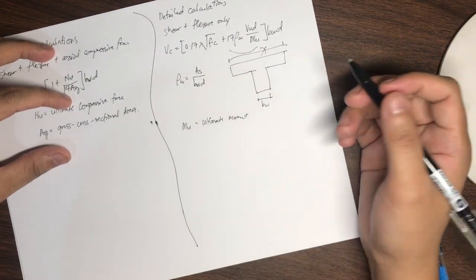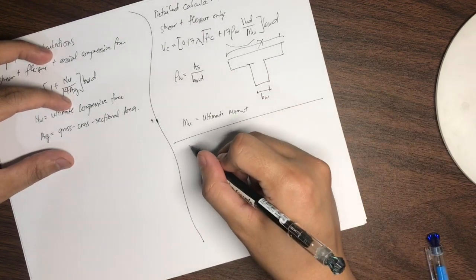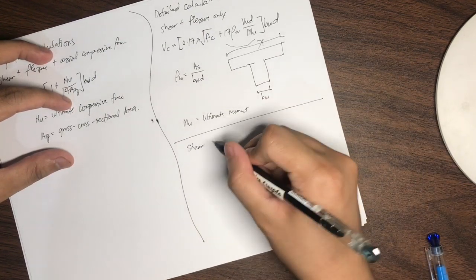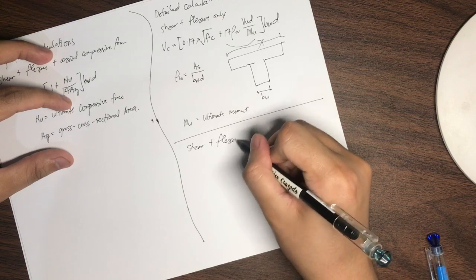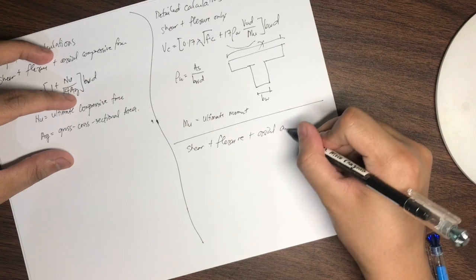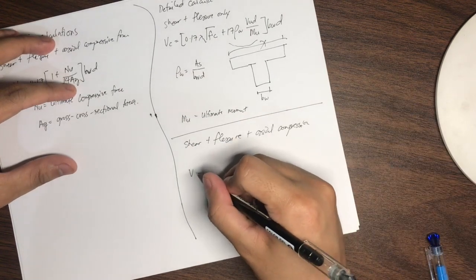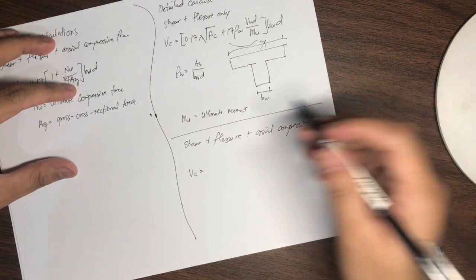Now, in this case, we have also the formula if it is subjected to shear plus flexure plus axial compression. And the formula is just equal to Vc.